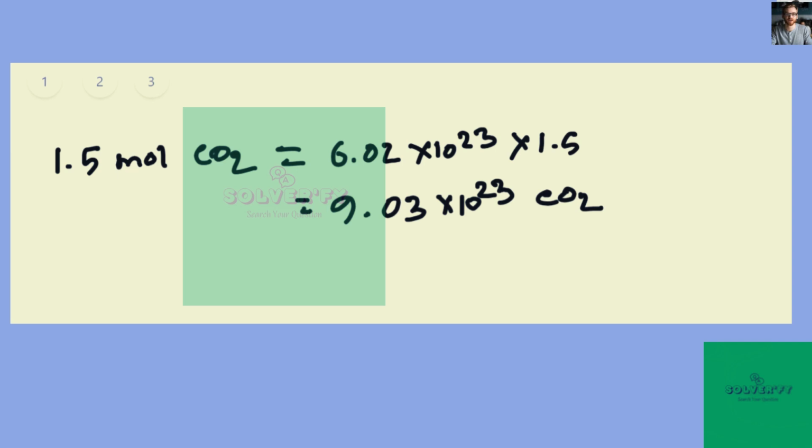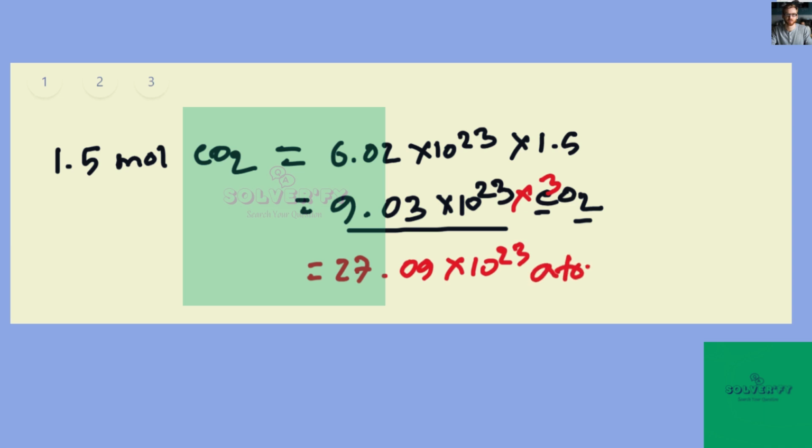Now, in one molecule of CO2, we have one carbon and two oxygen, that means three atoms. That's why we multiply the number of molecules of CO2 by 3, and we get 27.09 times 10 to the power 23 atoms.